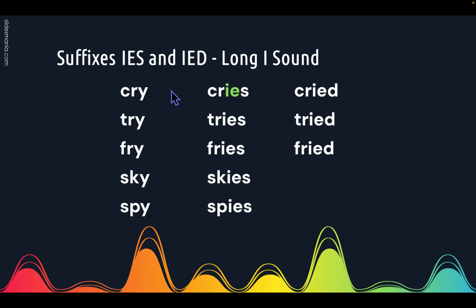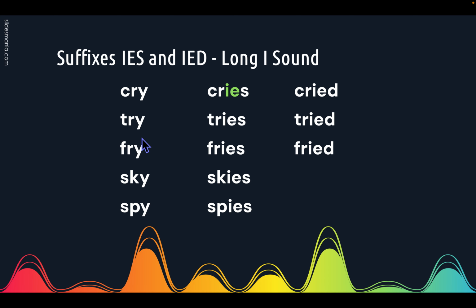Now, when you have a word that ends in Y and you're trying to make it plural, the rule is change Y to an I and add ES. This also occurs when you're changing the form of the verb. You change the Y to an I and add ES, or change the Y to an I and add ED if it's past tense.